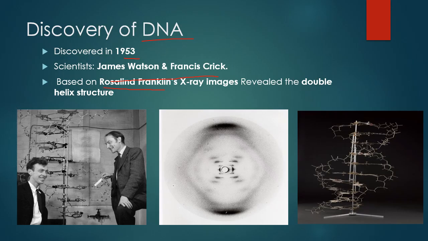She was an X-ray crystallographer, which means she studied crystals and fibers using a technique called X-ray diffraction. She also studied DNA using this technique, and in one of her photos she found a beautiful pattern of DNA, as you can see in the picture here, which strongly indicated that DNA had a helical structure.